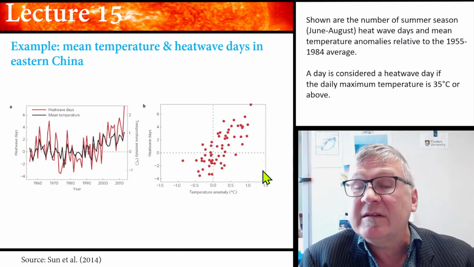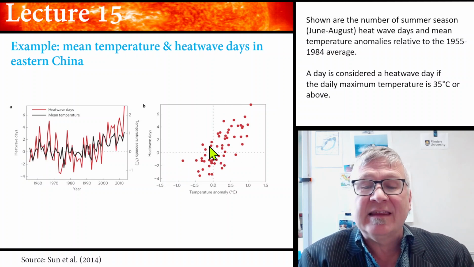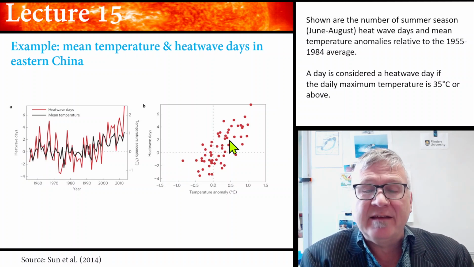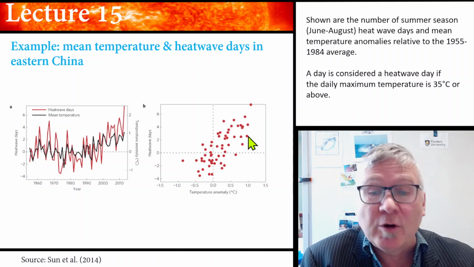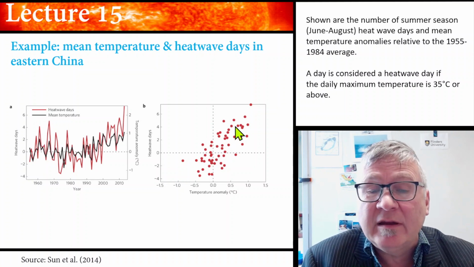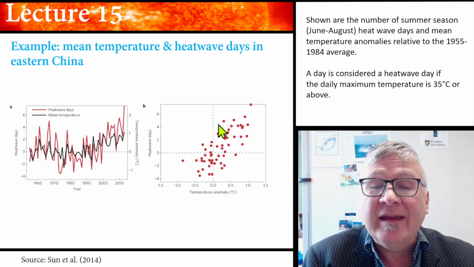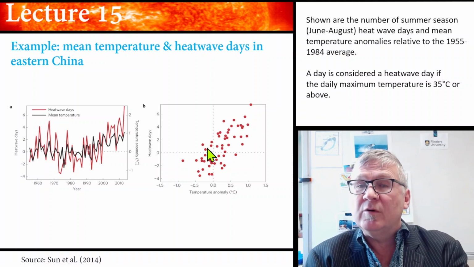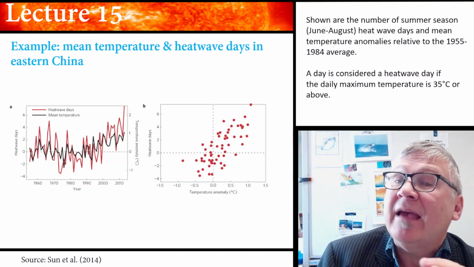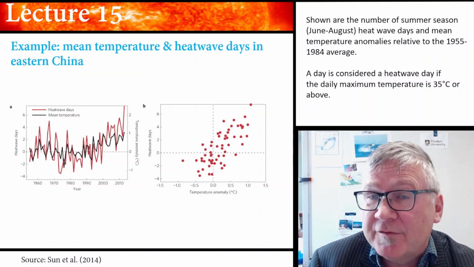And on the right side, this shows a correlation. You plot one against the other. The temperature anomaly is plotted against the number of heat wave days, and you can see that there's a correspondence. You have an increase in the temperature anomaly coinciding with an increase in the number of heat wave days. So what it tells you is that the warming in Eastern China actually relates to an increase in the number of heat waves.